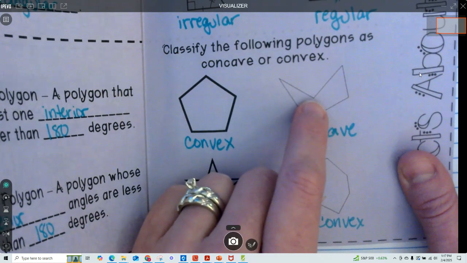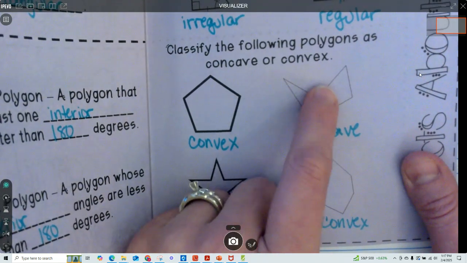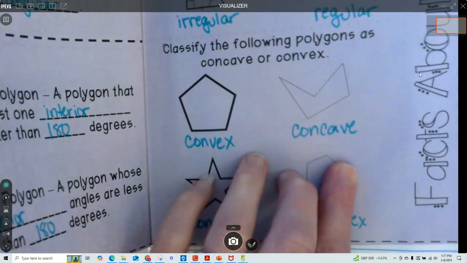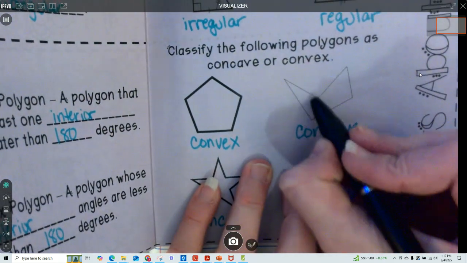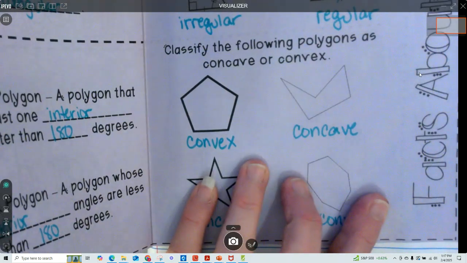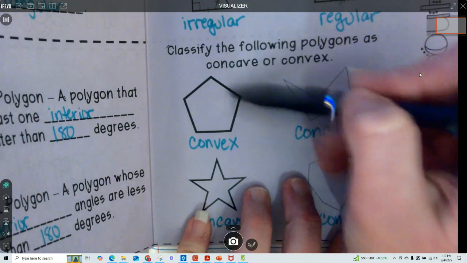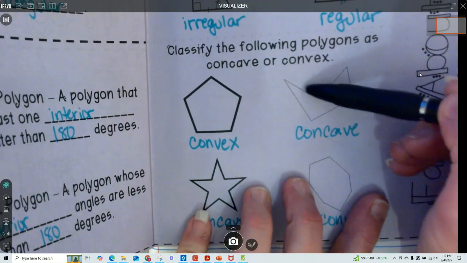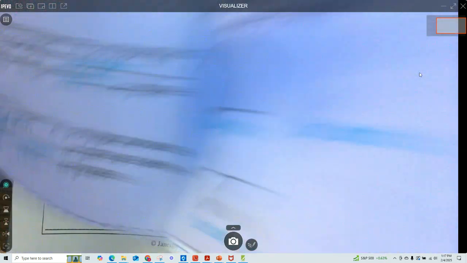Concave is like this. See how we've got this angle here that's opening up to the outside? What we're looking at is the interior angle. So right here, if I wanted the measure of that angle, it would be greater than 180. Okay? So convex, all the angles open up towards the inside. Concave, we have an angle that's opening up towards the outside. And that's all we're going to do today.